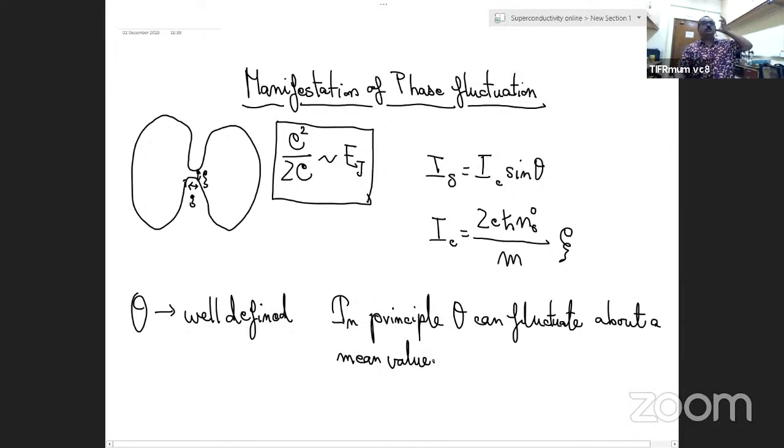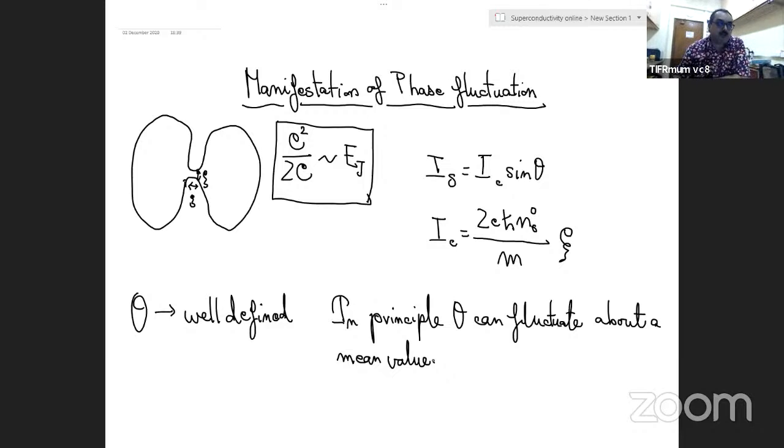You already know that theta can fluctuate from when we did the phase slips in nanowires. However, there the fluctuation was actually a large fluctuation. It was just rotating by 2 pi, which is a huge fluctuation. But instead of this large fluctuation, it could also have small fluctuations about its mean, much less than 2 pi, much less than pi, but nevertheless theta is not a constant, it's fluctuating about its mean value.